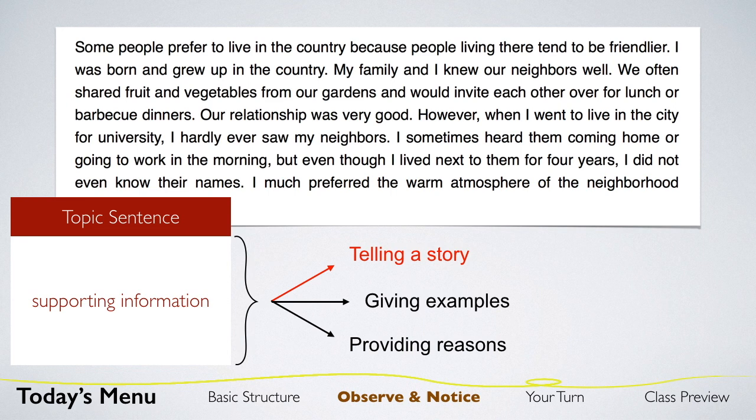If you think about it, thousands of years ago, our ancestors told stories to their children and grandchildren, and that is how we learned some of the most important lessons of life. Telling stories of our own, or friends' personal experiences, adds a nice touch to our compositions. Let's look at the next paragraph.